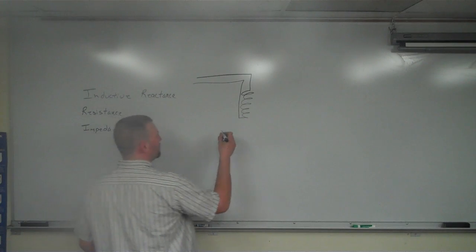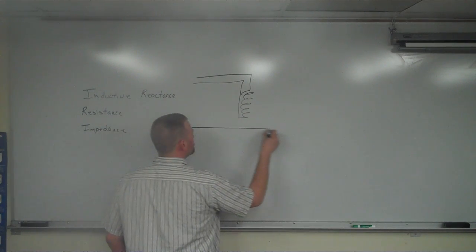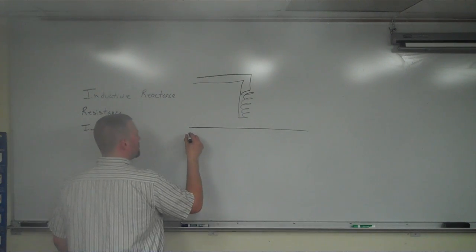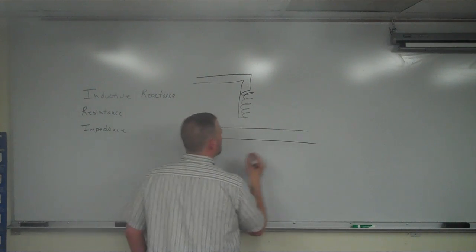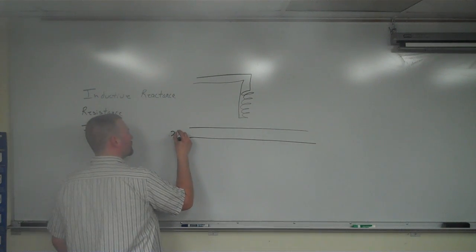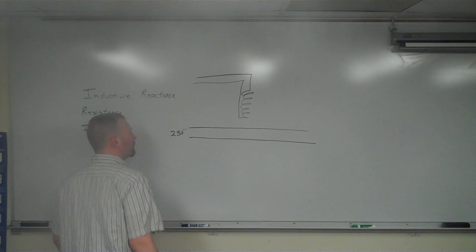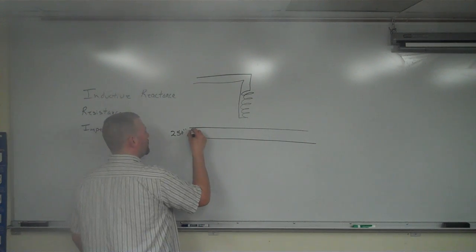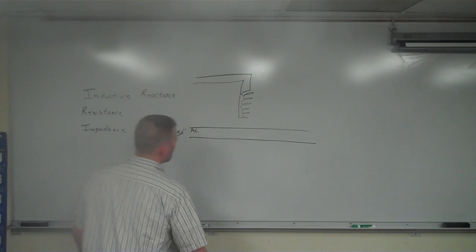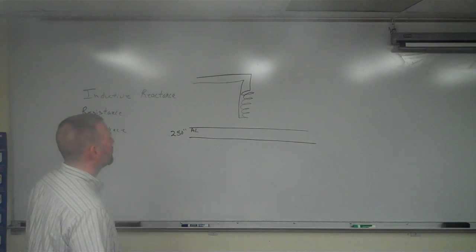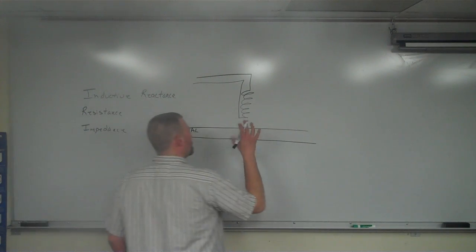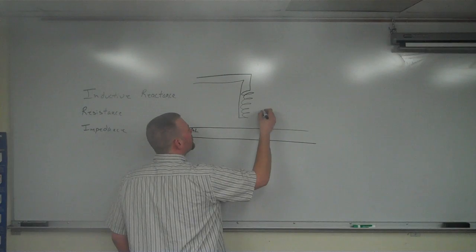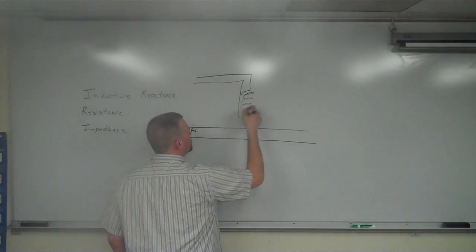Let's take a look at first, if we've got just a part of something here, okay, let's say that's 1/4 of an inch thick. So there's 1/4 of an inch, let's just call it aluminum. Aluminum's pretty common. That's a thick piece of aluminum, especially if you're going to deal with aircraft. So, here, we take a gander at this, and inside of this thing there's current flowing.